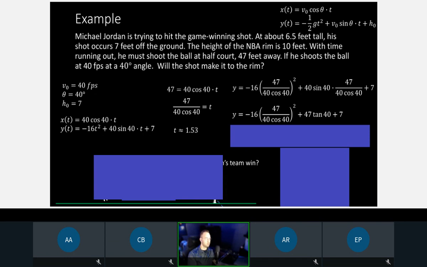Windows. My guess is you probably need to, in Windows, make sure that you do 47, your divide sign, parentheses, 40 times cosine, parentheses, 40, in parentheses, enter.